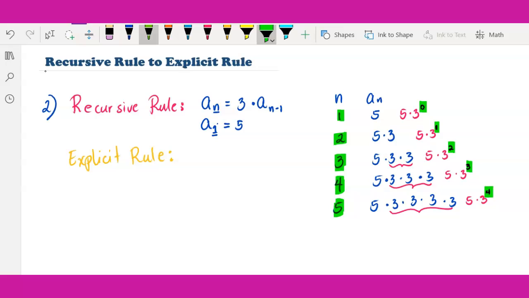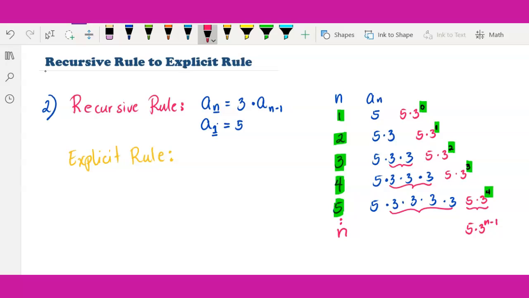Okay, so if you're asked to write, what if we continue counting down to n. Our term to get the nth number is just going to be 5 times 3, what we always do, 5 times 3, but then the exponent is going to be 1 less than n, or just n minus 1. There you go.